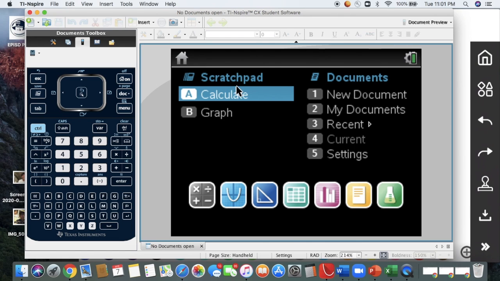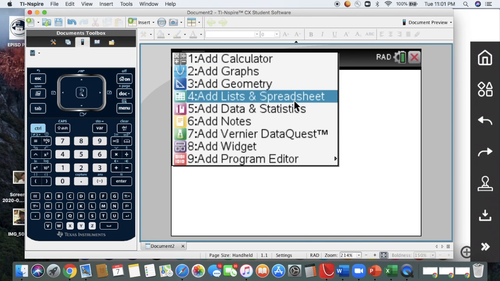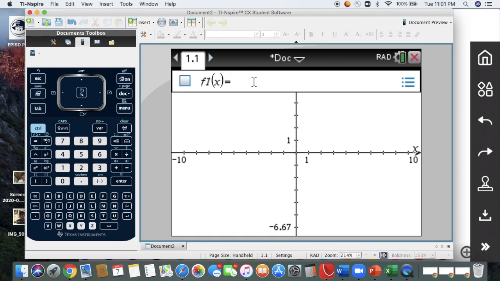So now we go to our graphing document, add graph, and we'll make our lines now, our function.